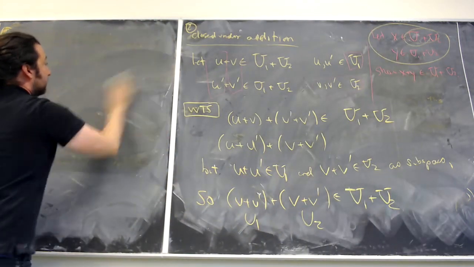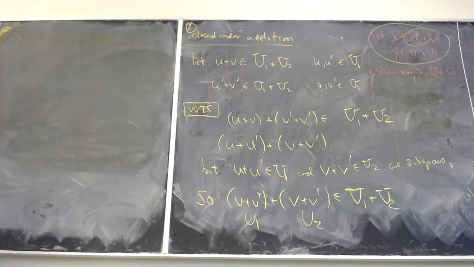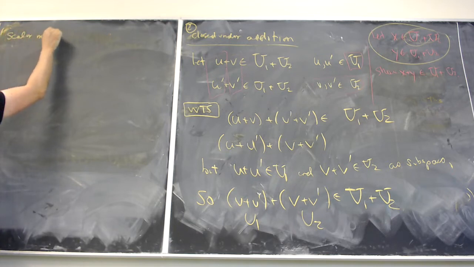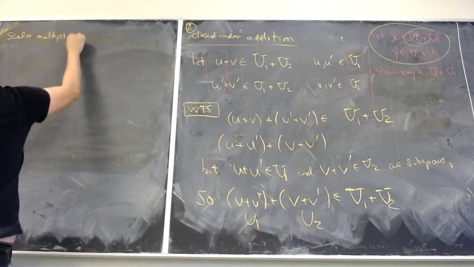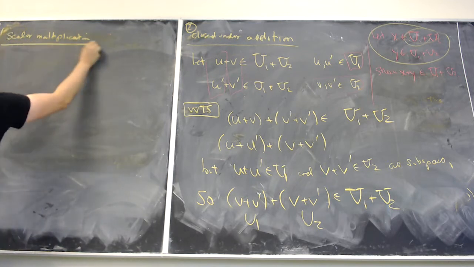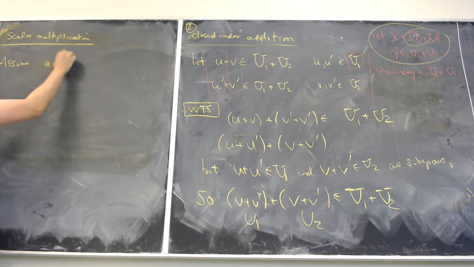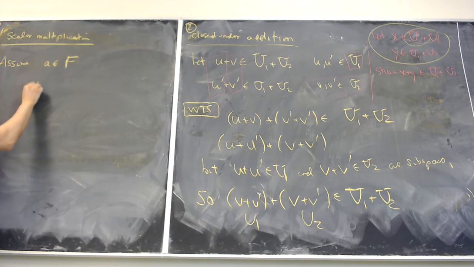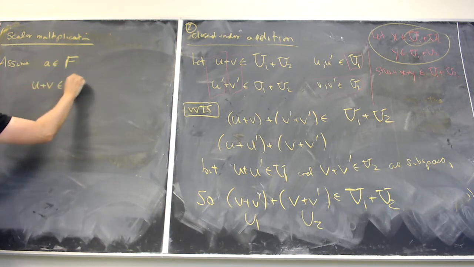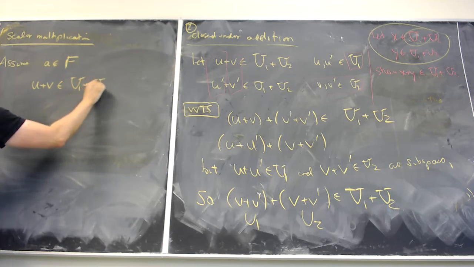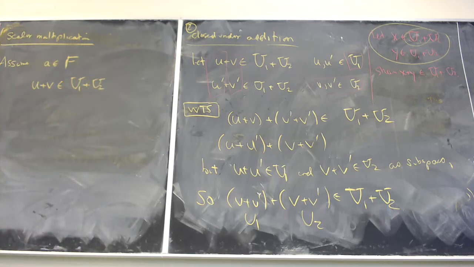Okay, so the argument for closed under scalar multiplication is very similar. For scalar multiplication, the standard structure of a subspace argument is to assume that you have an arbitrary scalar element. So assume that a is an arbitrary element of the field, and that u plus v is an arbitrary element of U1 plus U2, again where u is in U1 and v is in U2.